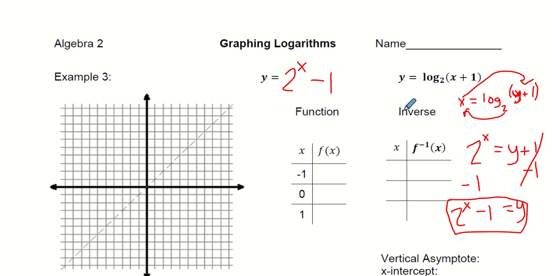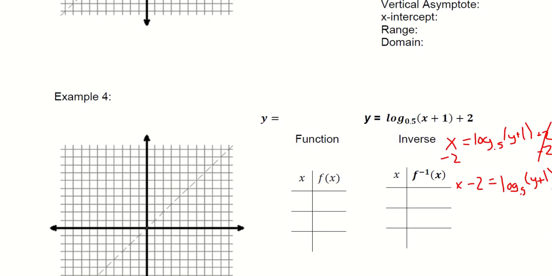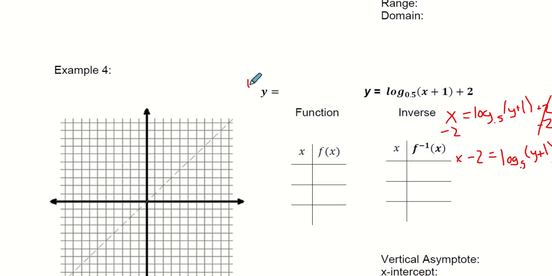So let me go down here and actually finish this one. Step 1 is you switch the x and y. So the x and y switch. That's your first step. Step 2, get the log alone. So that's what we did when we subtracted 2 here from both sides.